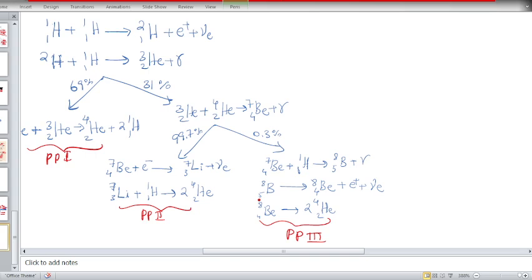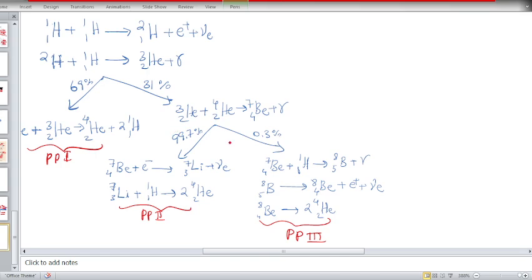In all these interactions, energy will be released. I am not going to write it out; you can check how much energy is released in each of these interactions, but I will give you the total released energy.